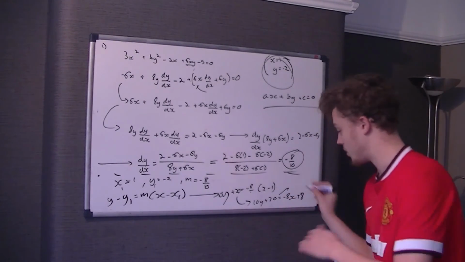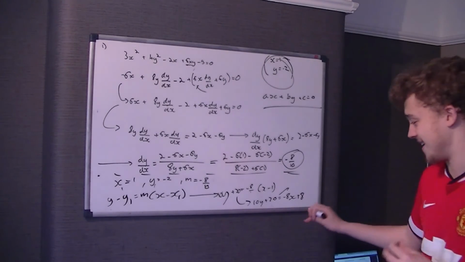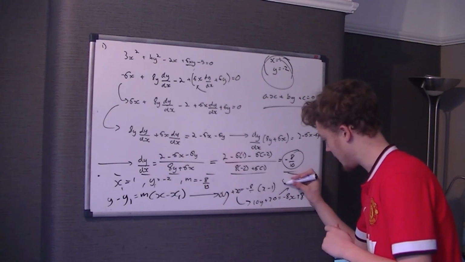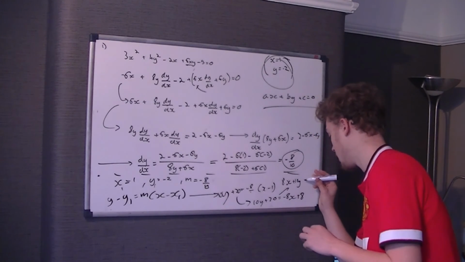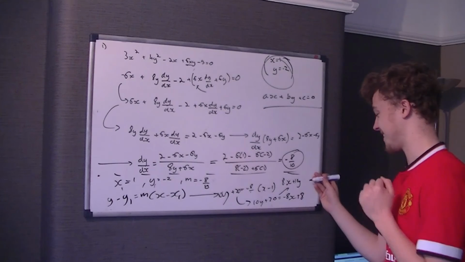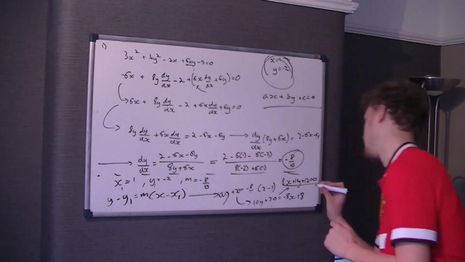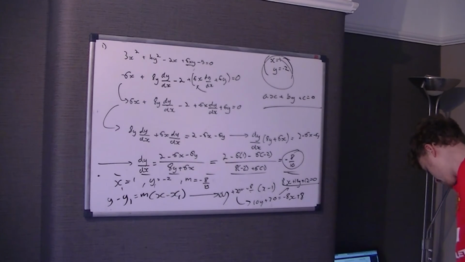So I'm going to move the 8x and the 8 over to the other side. In other words, I'm going to add 8x and take 8 from both sides. So that'd be 8x plus 10y, and now it's 20 take 8, which is plus 12, equals 0. And therefore that is your final answer.